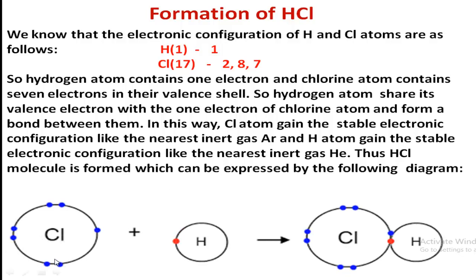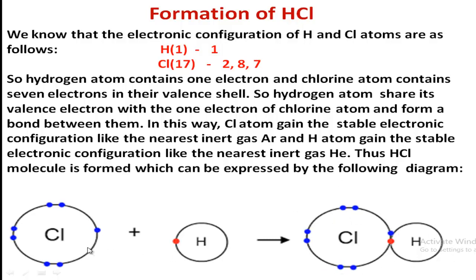Here you can see chlorine, whose valence shell contains 7 electrons, and hydrogen, which has only 1 electron. Hydrogen and chlorine each share 1 electron with each other, and they form a covalent bond, and also form this hydrogen chloride molecule.